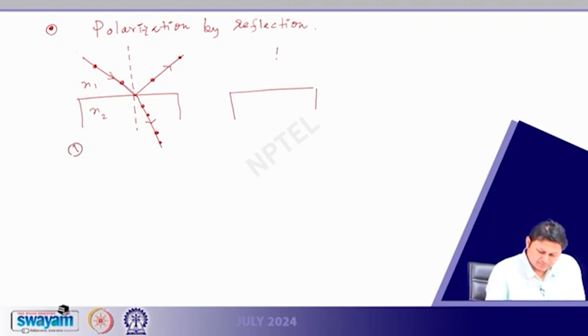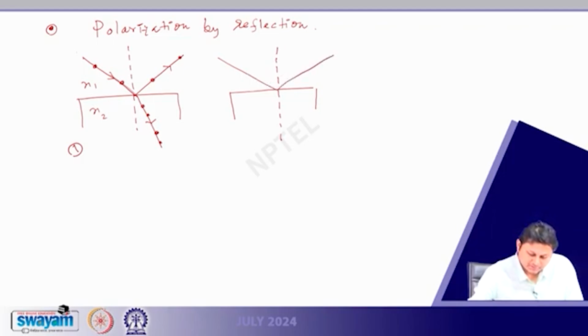Another case one can consider is the same thing: we have light that is launched here, we have reflected light and we have transmitted light. It is coming like this. These are dielectric surfaces, so the refractive index is N1 and N2 here.